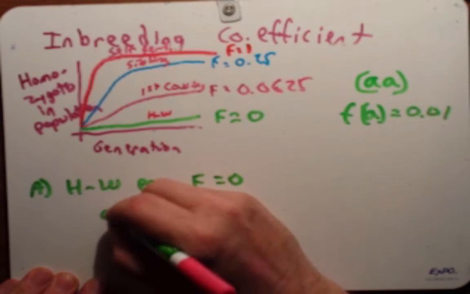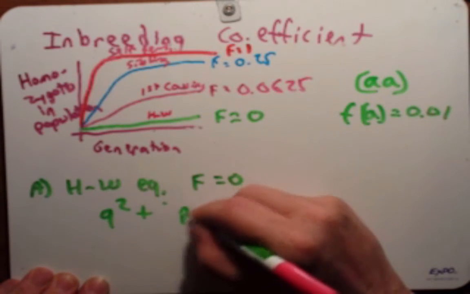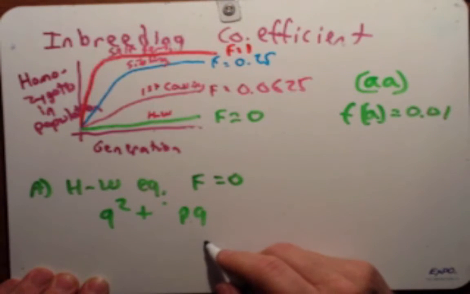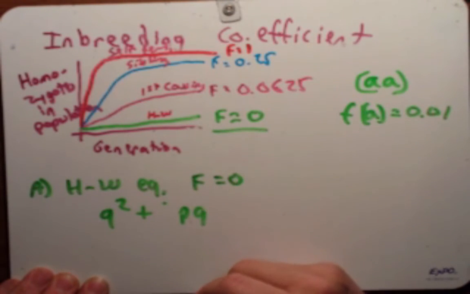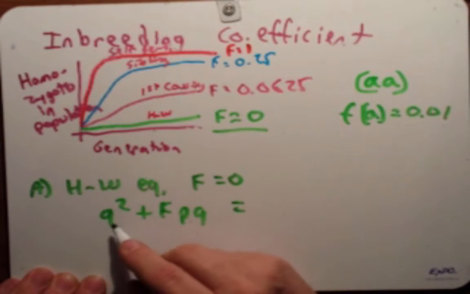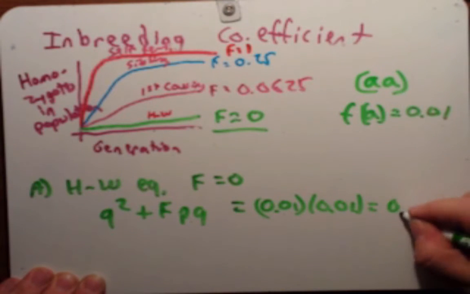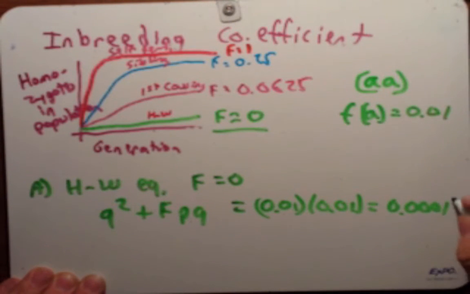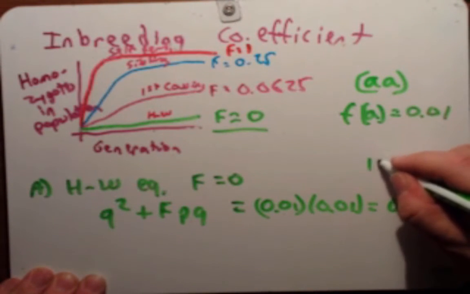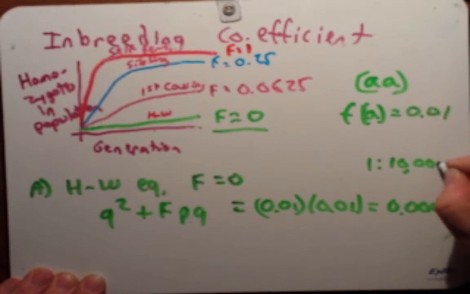And what you do is you solve this equation: Q squared plus PQ, the probability of a heterozygote, multiplied by your coefficient of inbreeding, which is F. So in this example, the probability that we would expect a homozygous recessive individual, a little a in this case, would be 0.01 times 0.01, which is equal to 0.0001. Or you might look at this and say, that's 1 in 10,000 sheep.